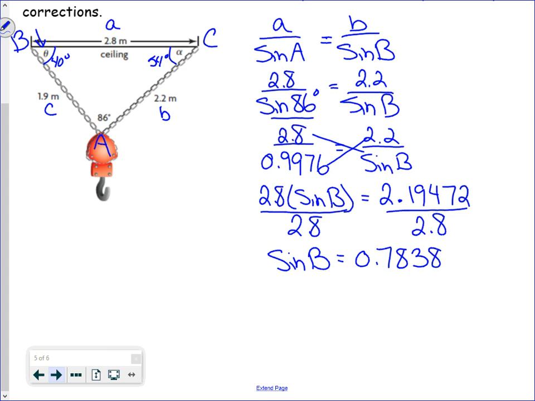So in order to find the angle, we need to use the inverse sine. And in order to do that, we use the second or shift button on our calculator. So when we do that, we find that angle B is actually 51.6 degrees, or let's round that up to 52 degrees.